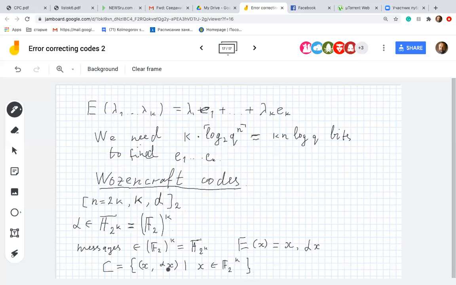And certainly this is a linear code. Linear means linear over F2, because our code is a binary code.